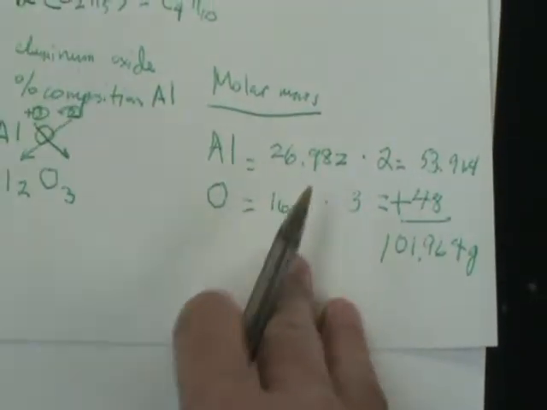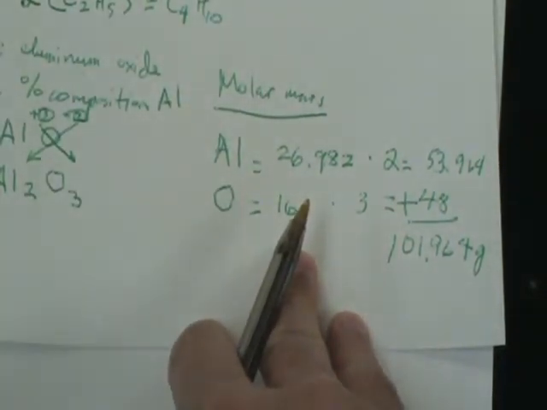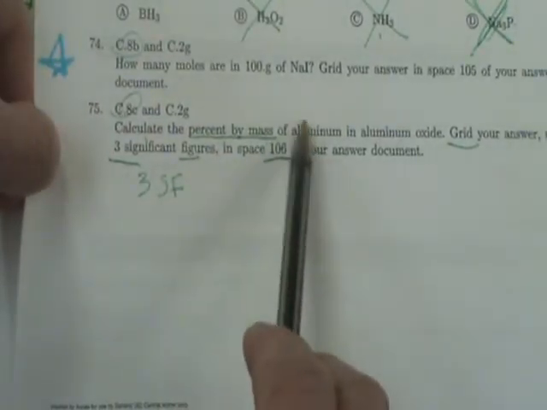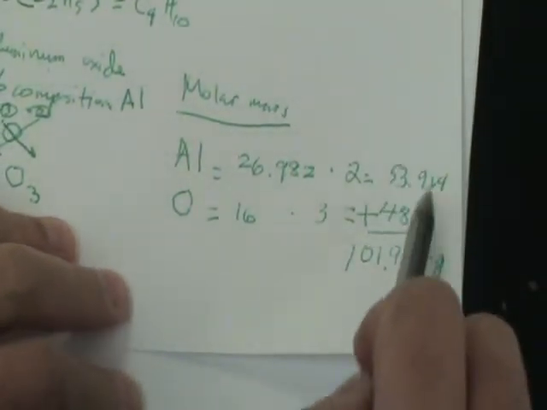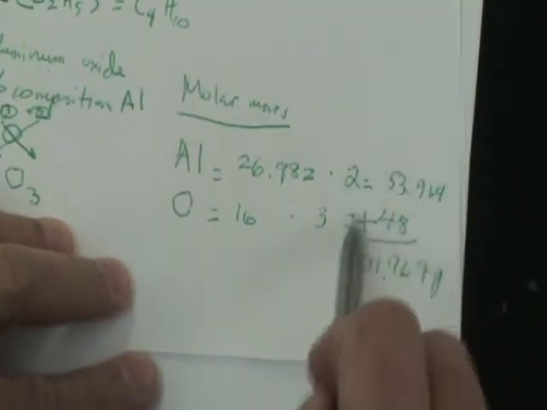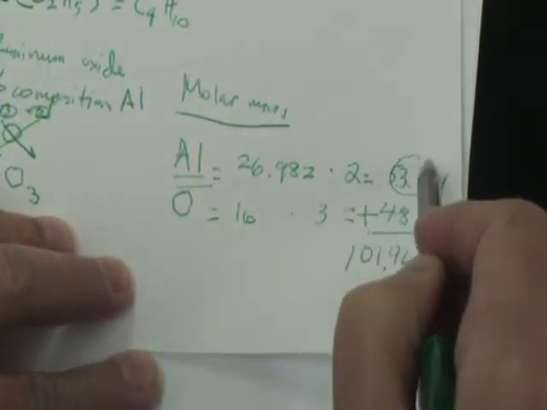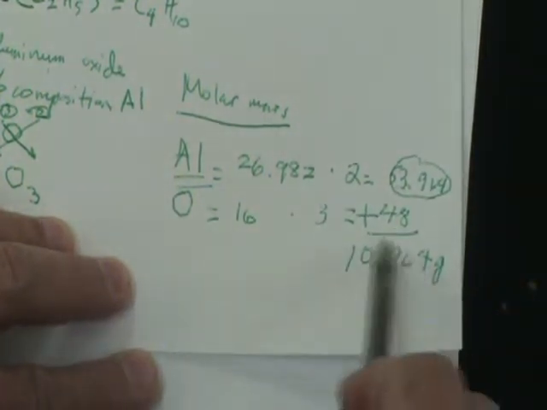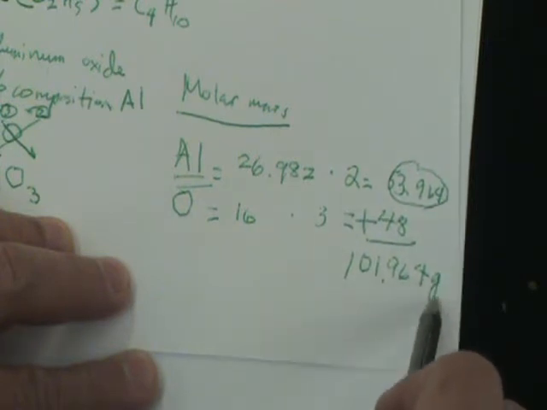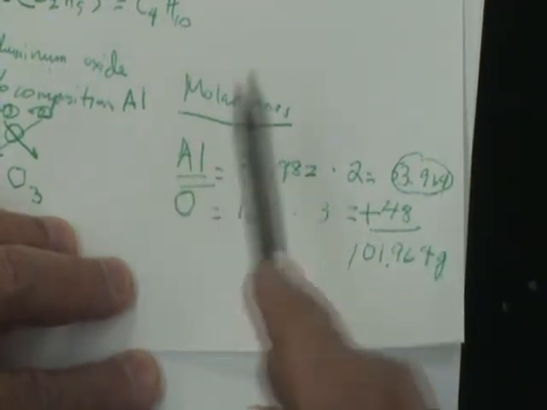Now, it's asking for the percent composition. Percent composition here is worded as percent by mass of aluminum only. So here's the breakdown of their composition by mass, right? We're only looking at aluminum, so we're going to look at this number. That tells us that out of the whole amount of 101.964 grams, 53.964 grams belongs to aluminum only.